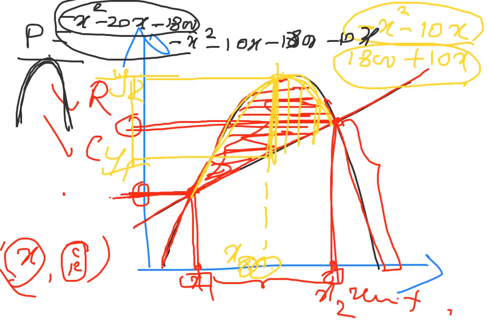So you know, minus b divided by 2a. Here minus b means 20, because minus becomes plus, then 20 divided by minus 2 becomes minus, so it becomes 10, right?